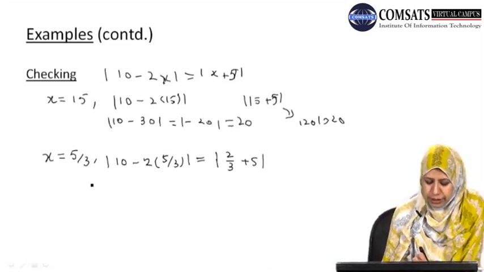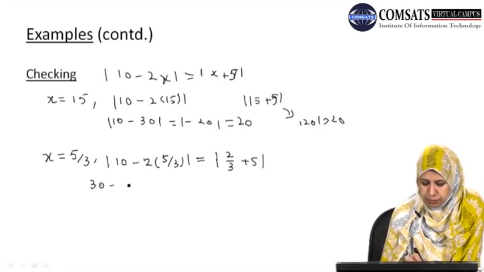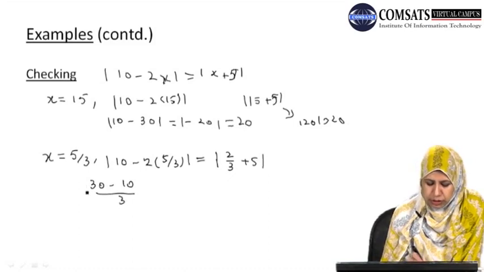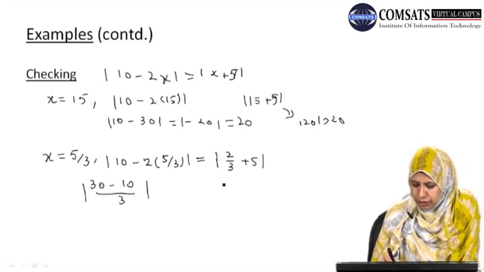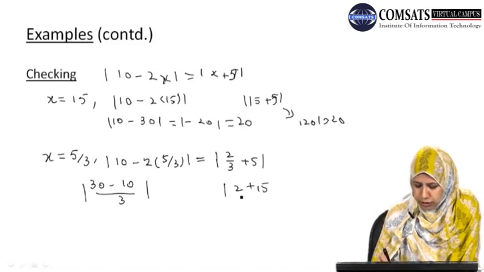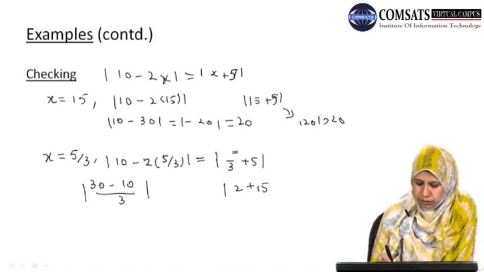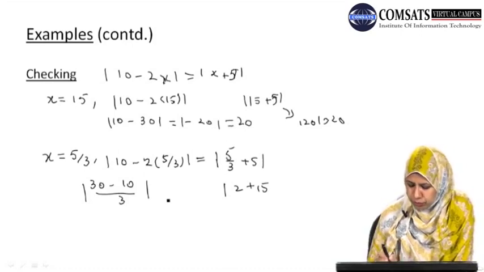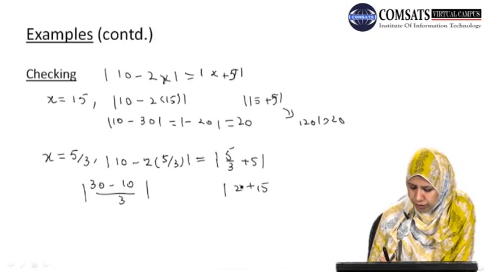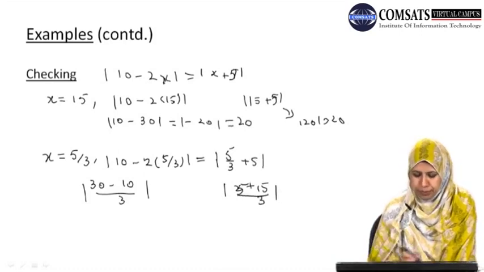Now solving the left side, we obtain 30 minus 10 over 3, and solving the right side we obtain 5 plus 15 by 3.